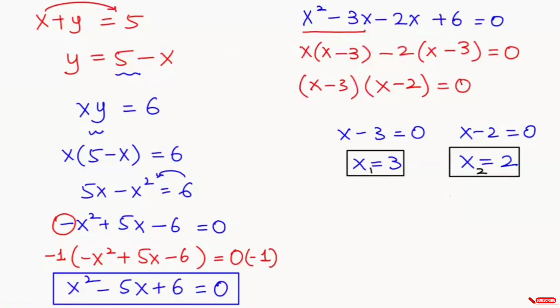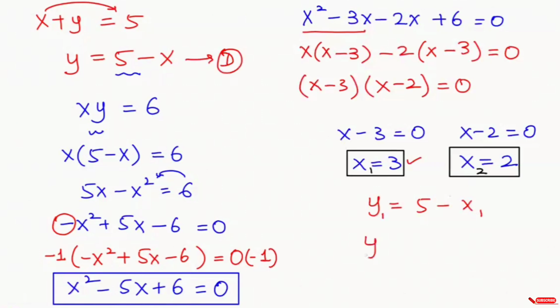To find out the values of y1 and y2, I'm going to take this equation and name it as equation D. y is equal to 5 minus x, and here I'm going to take the x1 value, so this is our y1.